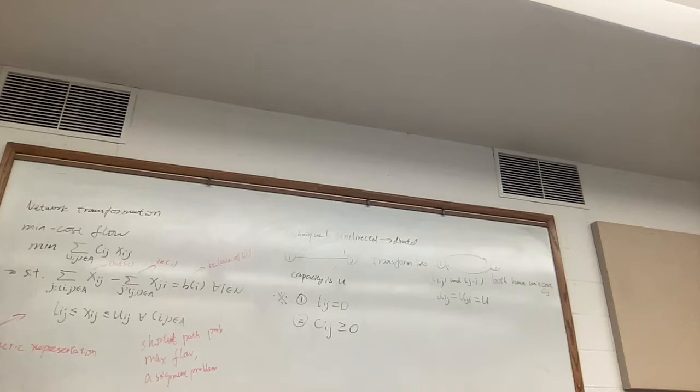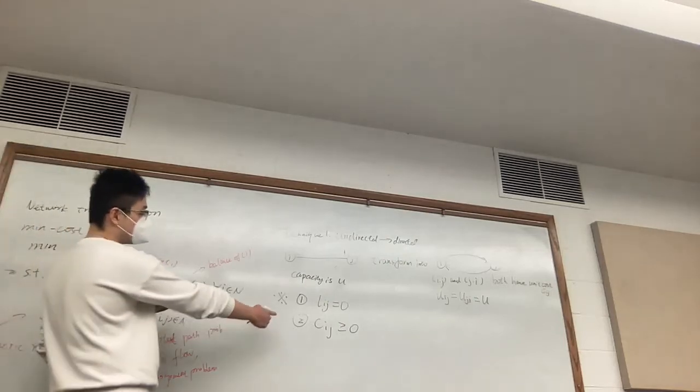Yes, and in this way, because we have Uij equals Uji equals U, then for the optimal solution in the transformed problem, you need to maximize the flow from I to J and also maximize the flow from J to I, right? But this is different from the optimal solution in the original problem. Is that correct? Yeah. So this is the explanation for the second point.